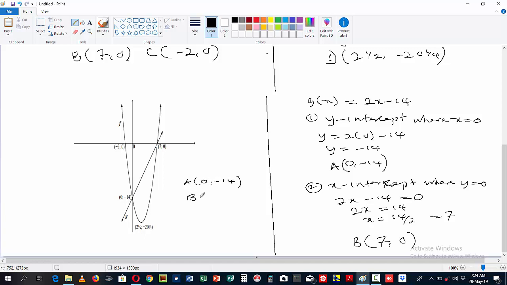Coordinate B is 7 and 0. Coordinate C is minus 2 and 0. Coordinate D is 2.5 and then minus 20 1/4. Now we have all our coordinates. Let us now indicate it.